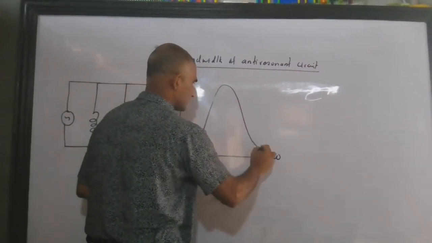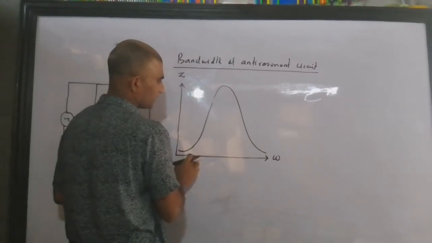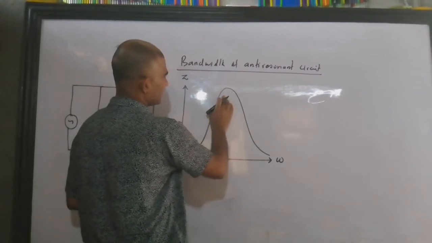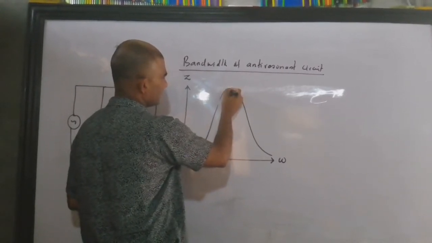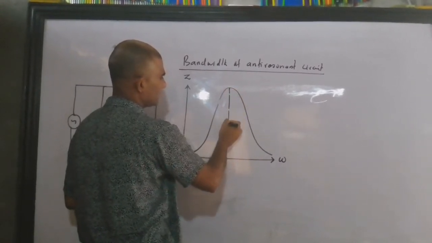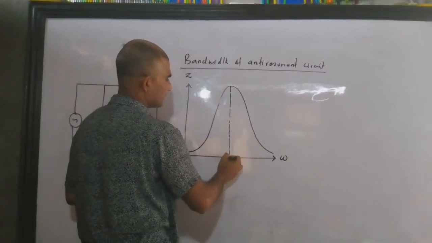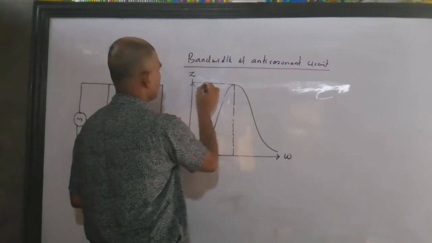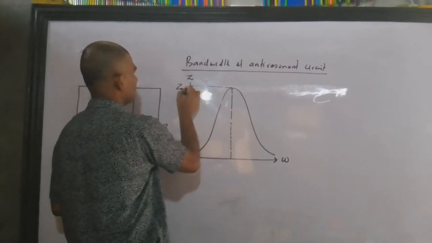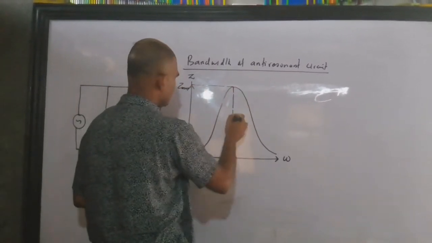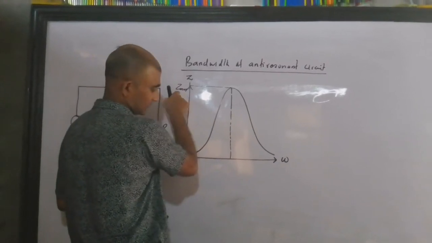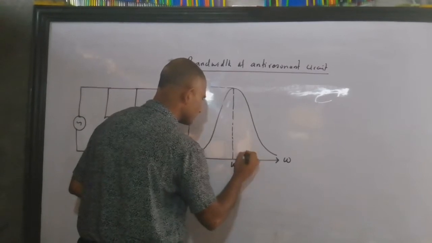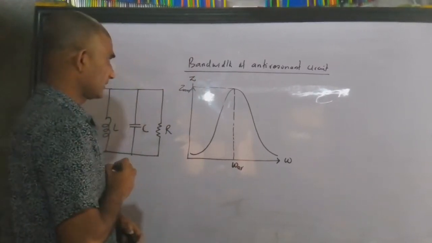When we go on increasing the frequency, first impedance increases, and at a certain frequency impedance becomes maximum. This is Z max, and this frequency at which maximum impedance occurs is called the anti-resonant frequency, which we denote by omega R.